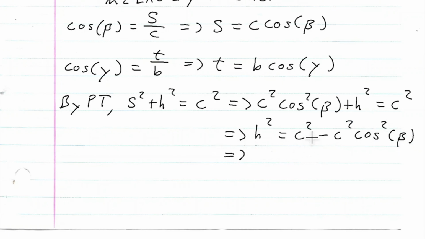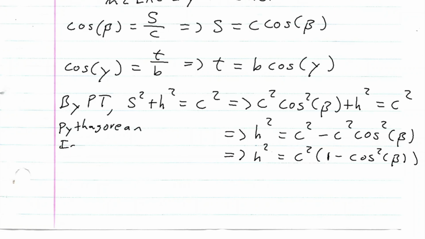What I can do next is factor out the c squared, so h squared is equal to c squared times 1 minus cosine squared beta. And then 1 minus cosine squared beta, remember, the Pythagorean identity states that sine squared of any angle plus cosine squared of any angle is equal to 1.